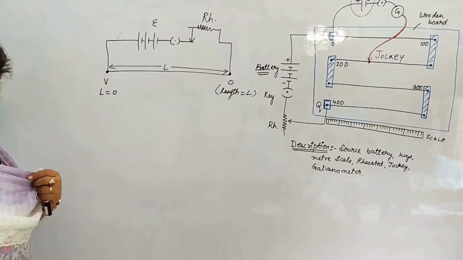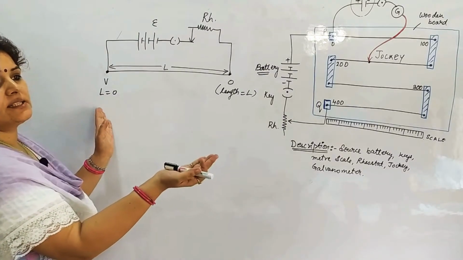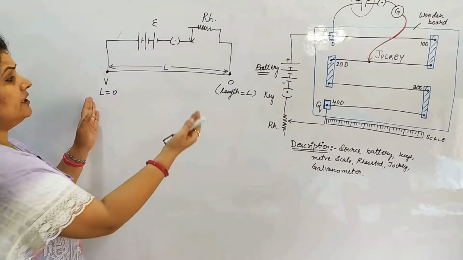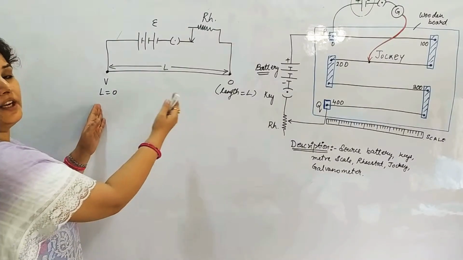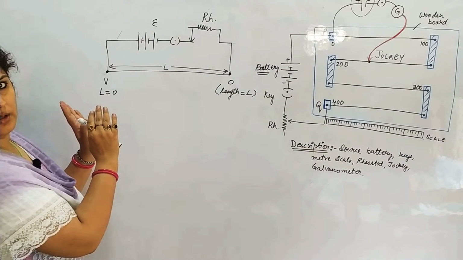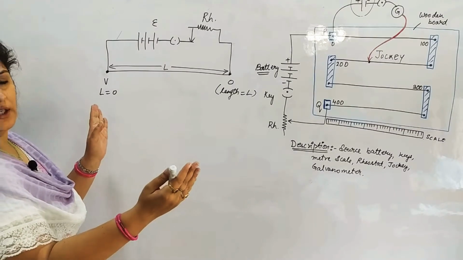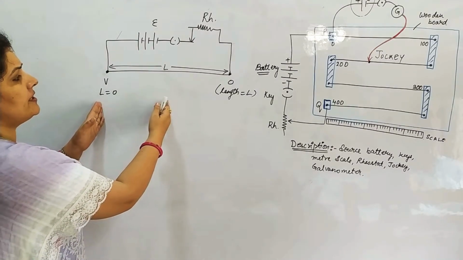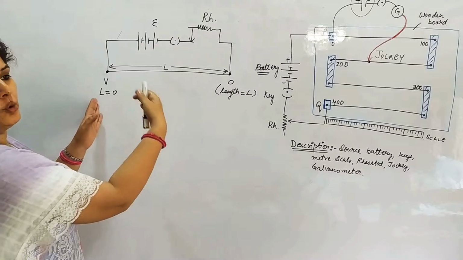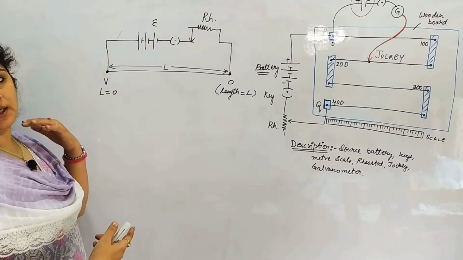So for our convenience, suppose we take the potential of this length as say 12. So the potential at the middle point, when we are reducing the length, will be 6 and so on. As we increase or decrease the length, the potential goes on dropping. It could be 6 here, it could be 1/4, it could be 1/10 and so on. Potential goes on decreasing as we increase the length, right?